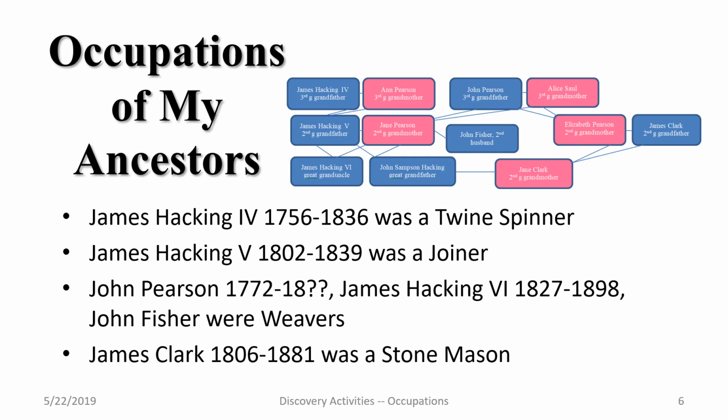The older stepson, James Hacking VI, continued in that occupation, even after coming to America. I will explain how to find sources for finding more about these occupations, as I explained in the previous slide. I will also suggest some activities the family can do to learn a few skills their ancestors practiced.